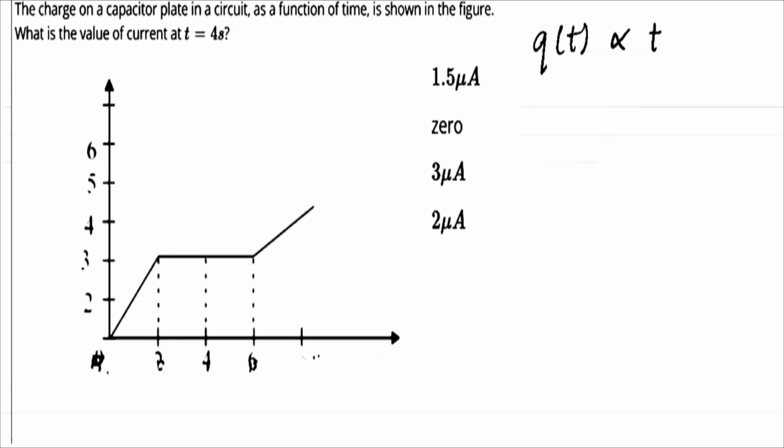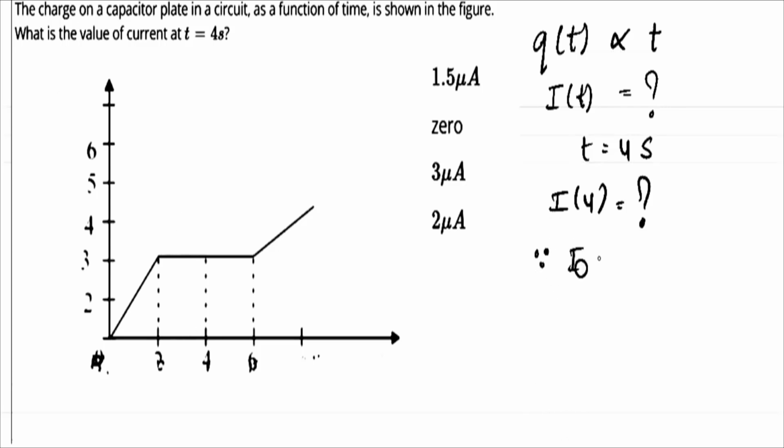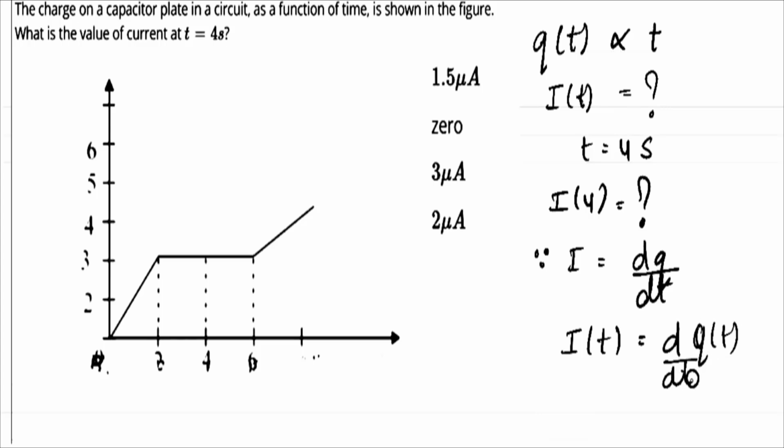So we have to find the value of current at t equals to 4 seconds. That means I of 4 is what? Since we have current equal to dq by dt, that is the relation. As a function of t, we could write this as dq of t by dt.